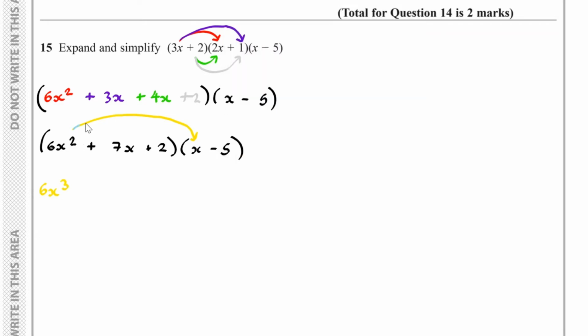We then have 6x squared times by minus 5, that's minus 30x squared. And then we have 7x times by x, so that's 7x squared. And then we have 7x times by minus 5, so that's minus 35x. And then we've got 2 times by x, so that's 2x. And then we've got here 2 times by minus 5, that's minus 10.